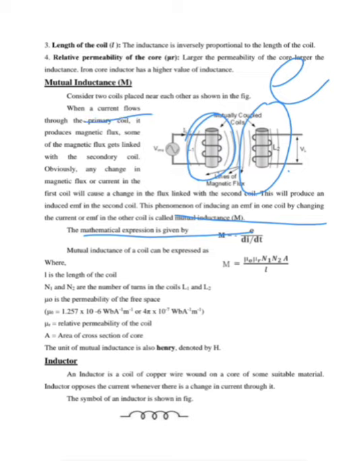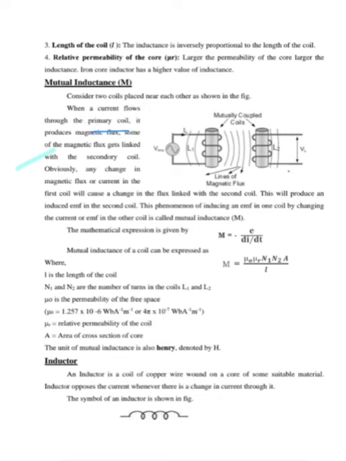When a current flows through a primary coil, L1 will be called the primary coil, L2 will be called the secondary coil. When a current flows through the primary coil, it produces a magnetic field. Some of the magnetic flux gets linked with the secondary coil. Obviously, any change in the magnetic flux or current in the first coil will cause a change in the magnetic flux linked with the second coil.